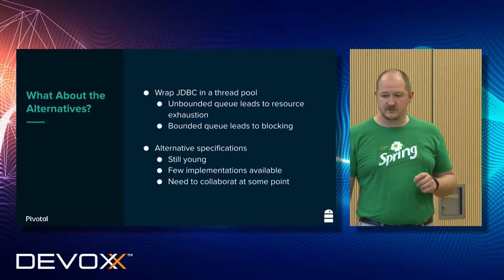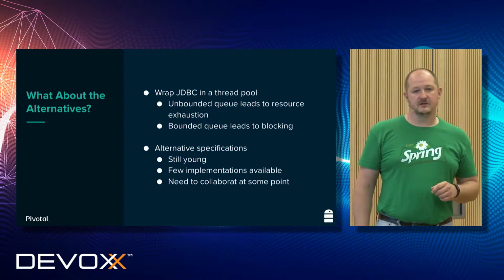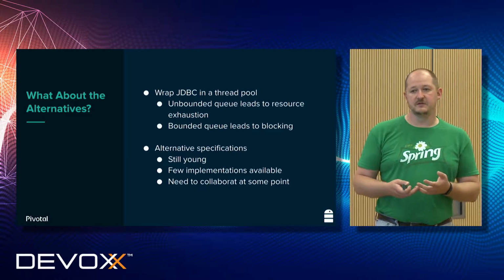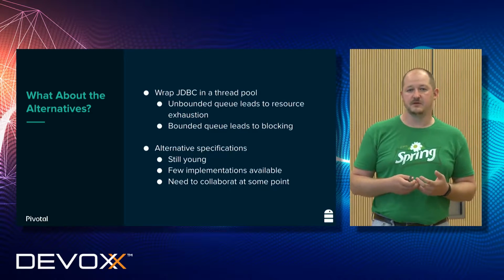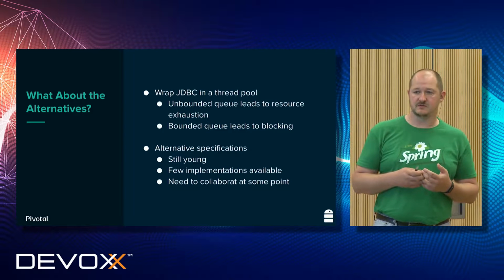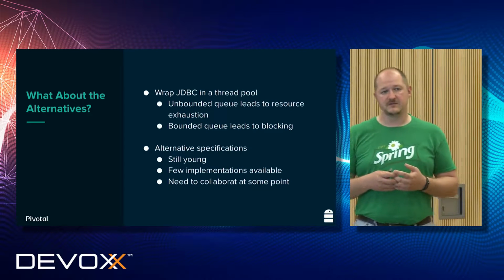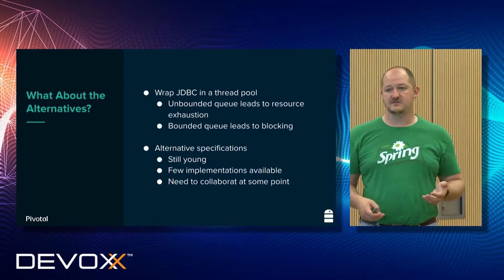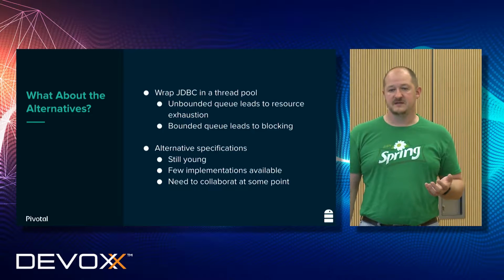There are a couple of alternatives, like putting JDBC on a thread pool, because if you put something on a thread pool, then it looks like as if it would be non-blocking. Yeah, that works in sort of a test environment. But if we think about production environments, where we talk about thousands, 10,000s, 100,000s of concurrent requests, this starts making no sense anymore.